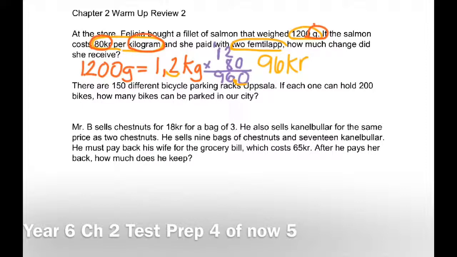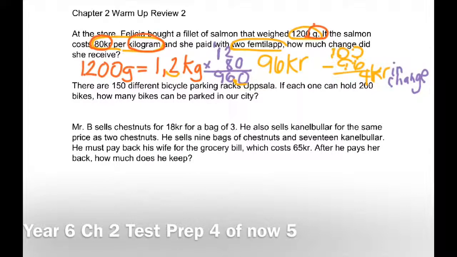So that would give us 10. 10 minus 9.6. She would get back 4 kroner back, or in change. So 4 kroner in change. Next one.